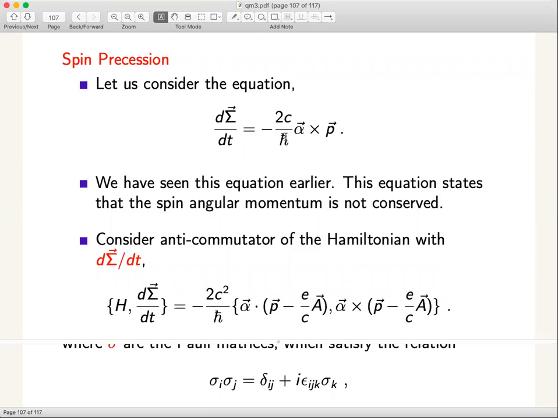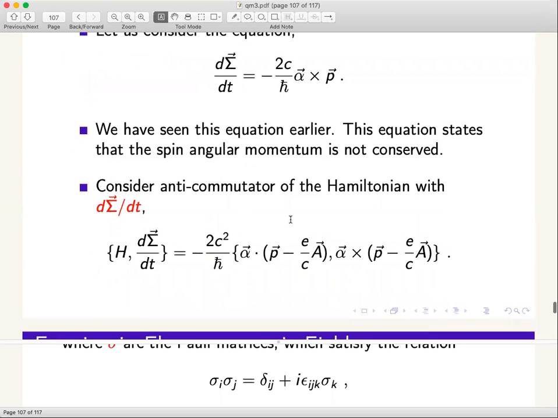If you are working in the presence of an electromagnetic field, you will replace this p by pi. So the anticommutator that we would look at involves the alpha dot pi piece with the alpha cross pi piece, which is the expression for d sigma by dt.